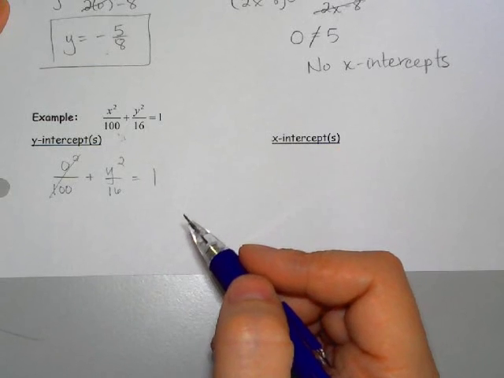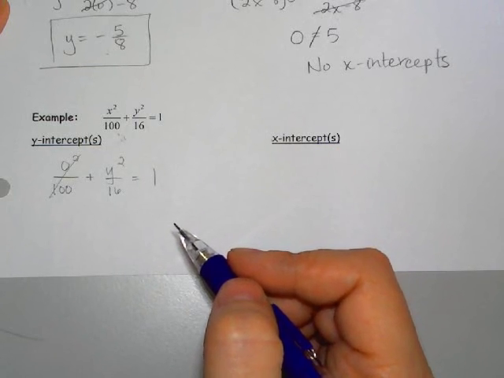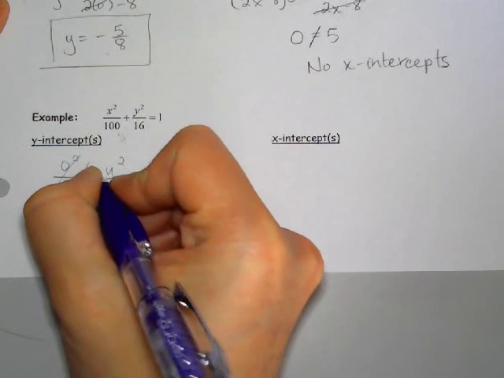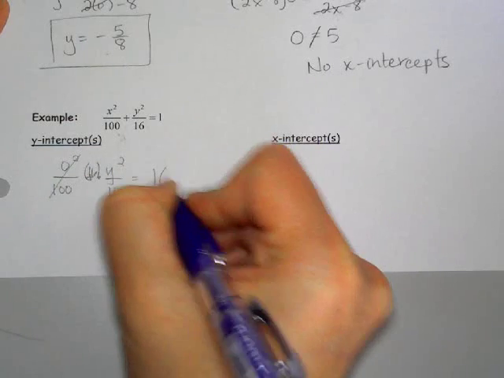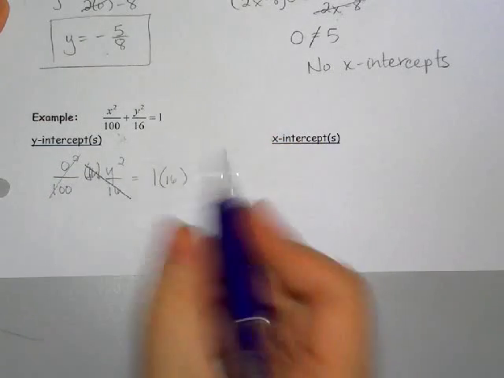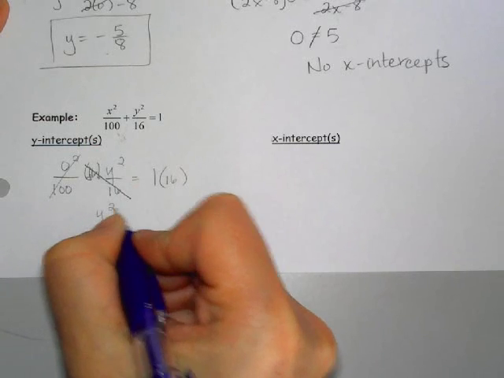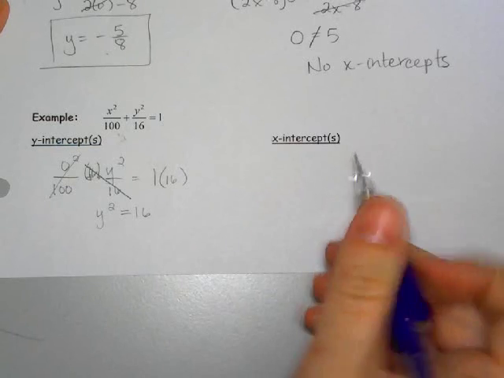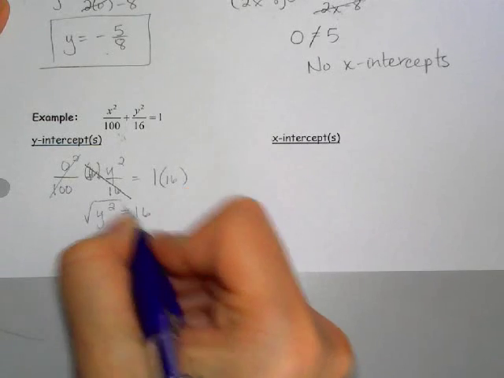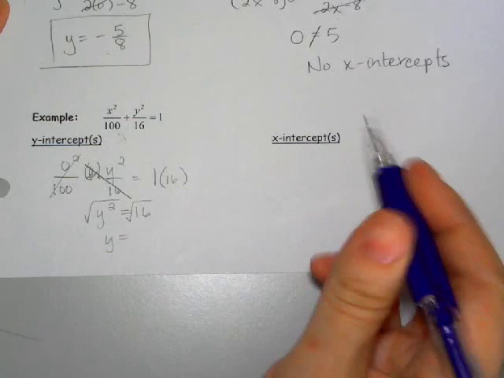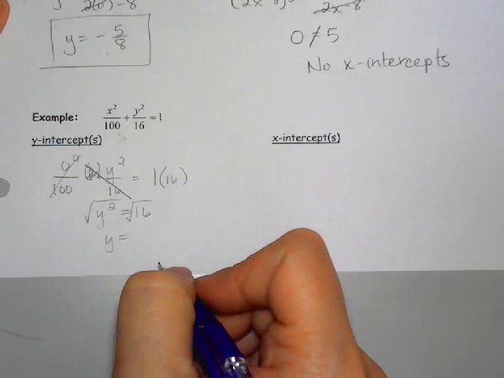What do I do to get rid of that 16? Multiply both sides by 16. So it divides out there. I'm left with y squared equals 16, and I'm going to square root both sides. And I end up with y equals what?